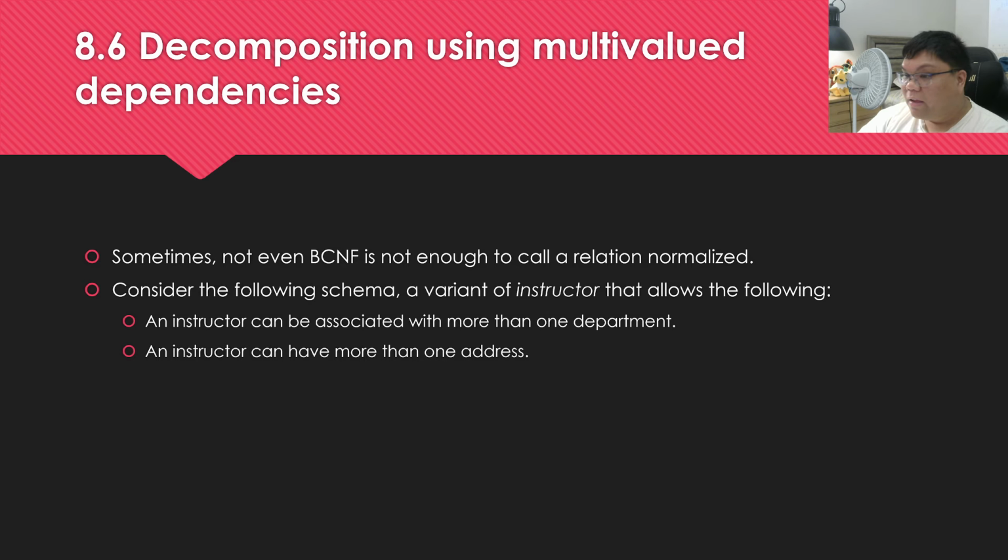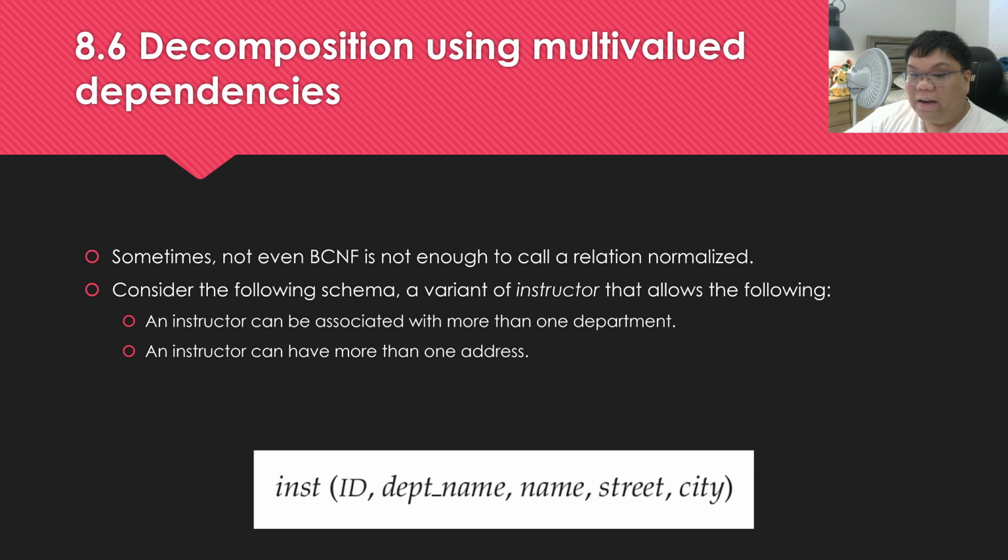So consider a schema, a variant of the instructor schema that allows for the following. An instructor can be associated with more than one department, which was a possibility when we were talking about the university database example all throughout the course.